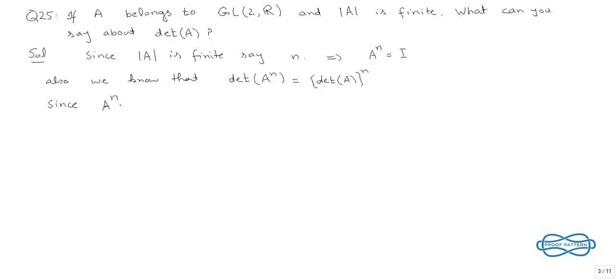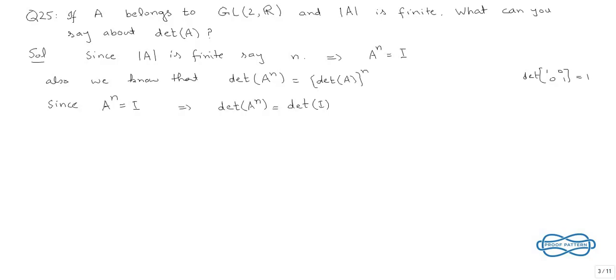Now, since A to the power n is identity, this means the determinant of A raised to power n is the determinant of identity, and we know that the 2 cross 2 identity is 1 0 0 1 and its determinant is only 1.